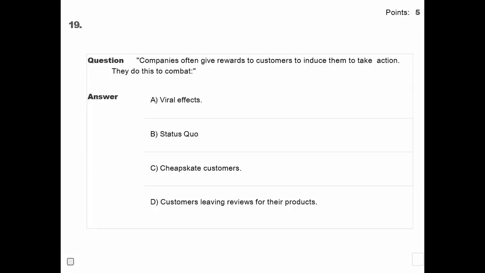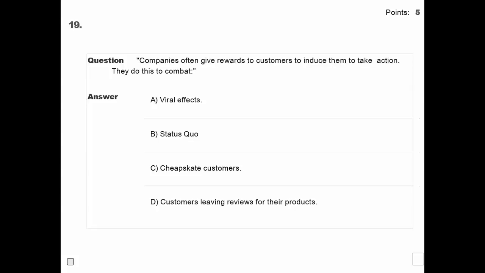Companies often give rewards to customers to induce them to take action. They do this to combat, okay, so I have the status quo, and I'm giving them rewards to make them take action. Actually, I just said the answer. But the key words there are to induce them to take action, which means that they're just kind of sitting still. And if they're sitting still, well, you don't give them rewards to invite viral effects. You don't want to fight viral effects.